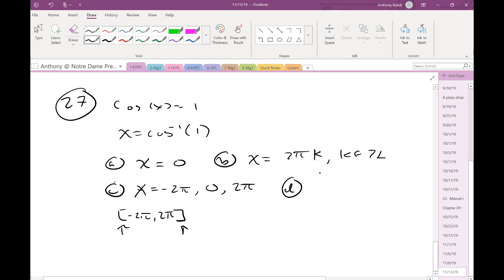D, notice that here the interval is parenthesis on the 4 pi. So here my answers are just 0 and 2 pi. This 4 pi doesn't work because it's not in the interval. So this was one where you really had to pay attention to whether they were brackets or parentheses. Does that feel okay there, Jackie?